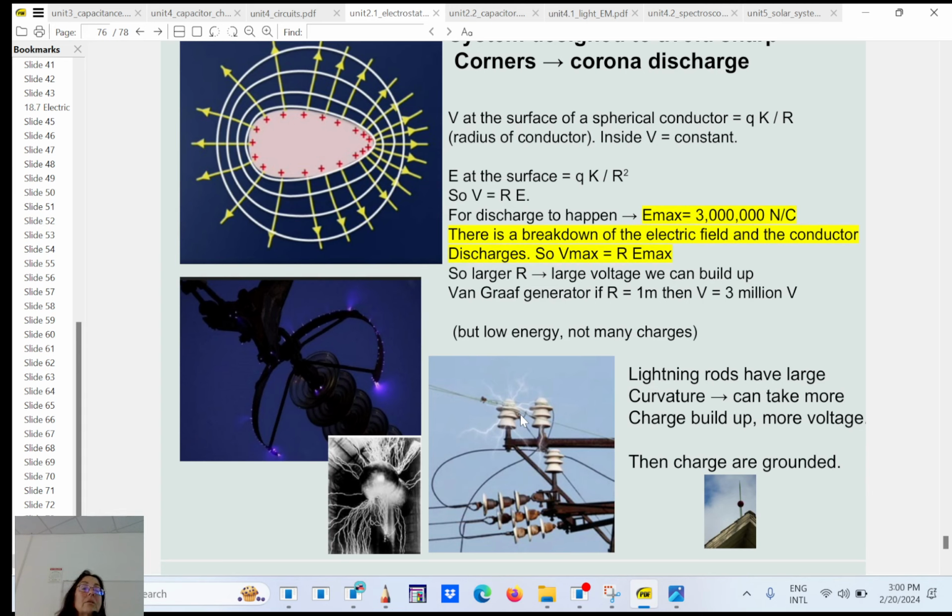So that's called corona discharge. Each time the curvature is small, it will have a larger density of charge. So the electric field will be very, very strong. And if the electric field is too strong, that means it's going to pull on those charges like crazy, then what's going to happen? You're going to ionize the air around. You're going to have a spark.